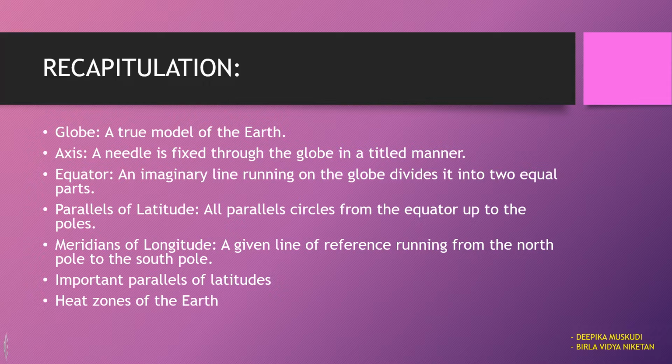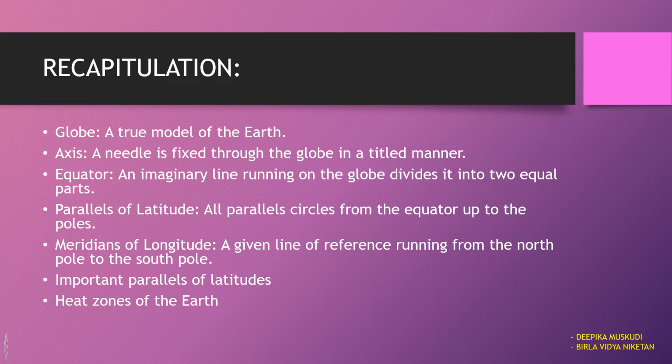We discussed the globe, a true model of the earth; the axis, a needle fixed through the globe in a tilted manner; the equator, an imaginary line running on the globe that divides it into two equal parts; parallels of latitude, all parallel circles from the equator up to the poles; and meridians of longitude, a given line of reference running from the North Pole to the South Pole.